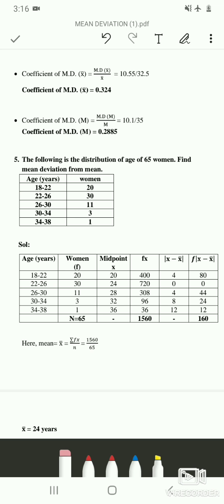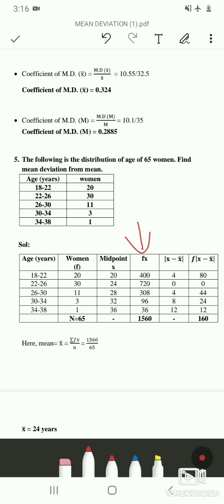The next step: we have seen how to calculate arithmetic mean in case of continuous data. Find the mid values, that is the midpoint of each class interval, that is 18 plus 22 divided by 2 is 20, and similarly calculate midpoints of each class interval. The next column would be fx, because we require fx to calculate the mean.